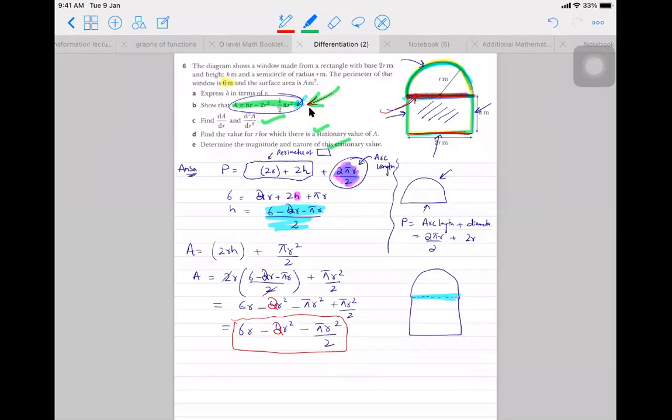But if the question comes in your exam, and they do not want the line to be included, they are going to draw a dotted line, not a solid line. If the solid line was drawn, then the calculation would be such that you will have to include that line in the perimeter to solve the question in the exam. And if the line is a dotted line, then you are not going to include it. The question is going to be correct over here.